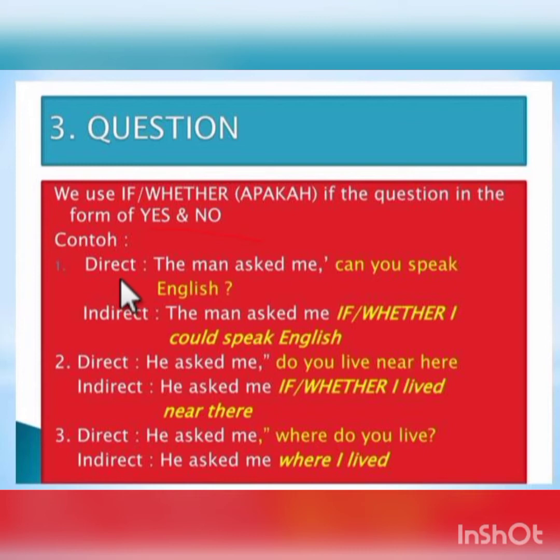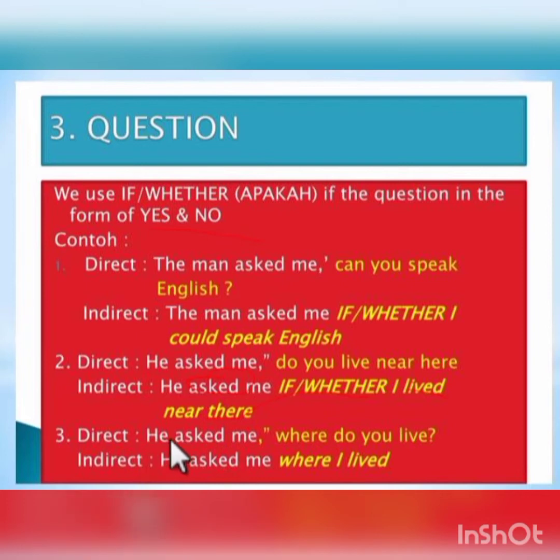The next sample says direct. He asked me, "Do you live near here?" In indirect, he asked me if I lived near there, or he asked me whether I lived near there. We can see changing in both adverb of place and tense here. Why? Because we have here past form of the verb asked. So let's continue.